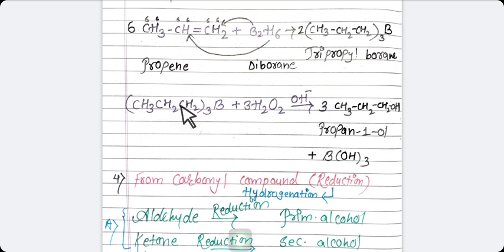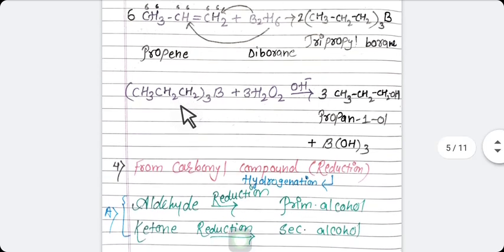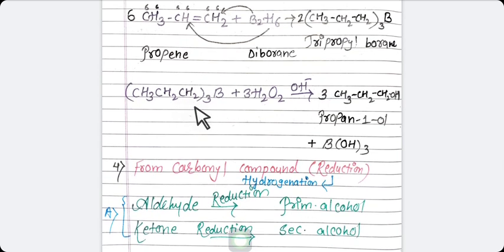Now this tripropylborane has a propyl group quantity of 3, and from hydrogen peroxide we are taking 3 hydrogen and 3 oxygen, and it is attached with the propyl group.